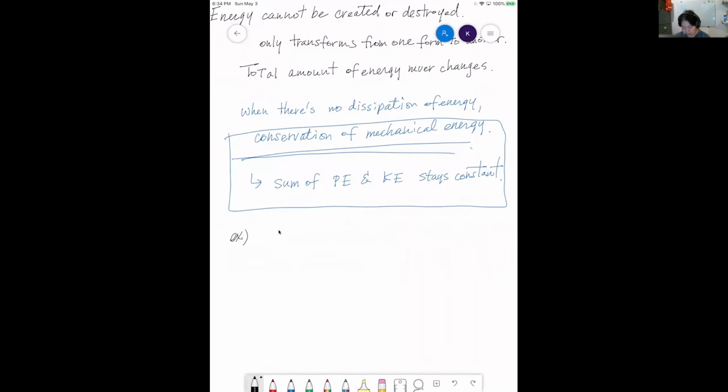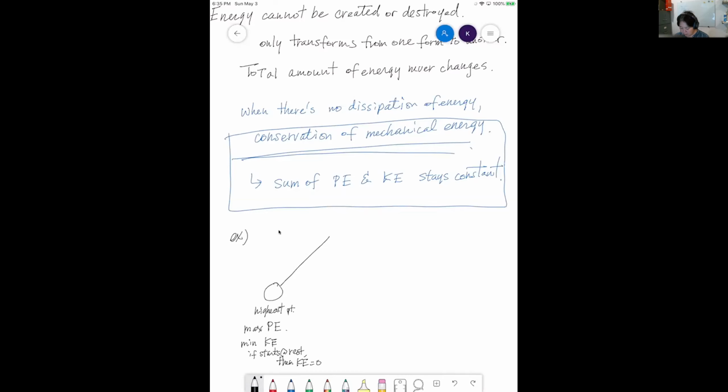Then the example that I gave was that you could have a pendulum like this, right? And when it's dropped, it's at this highest point. So that means maximum potential energy, and that means you have a minimum kinetic energy. If it starts at rest, then kinetic energy is 0.